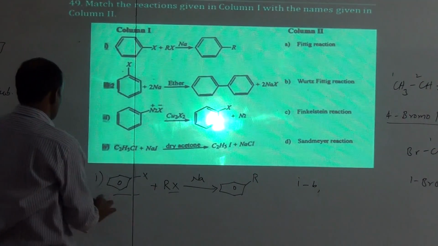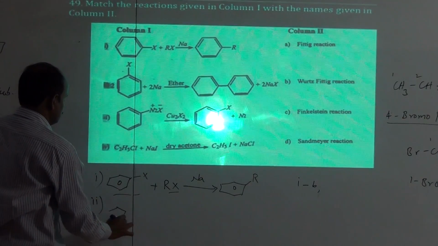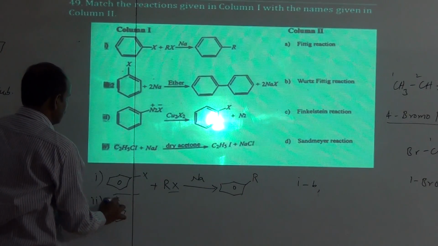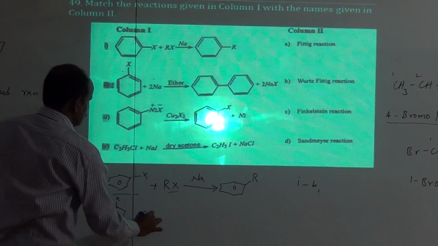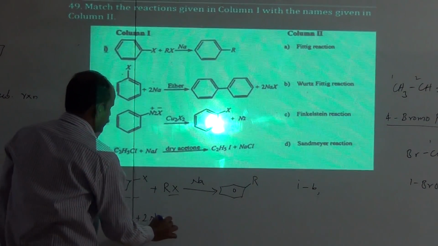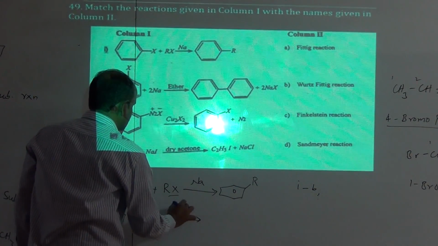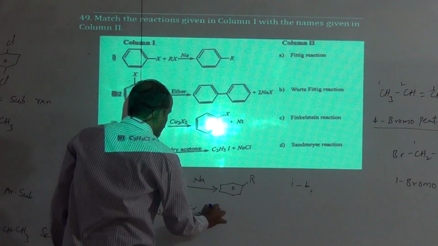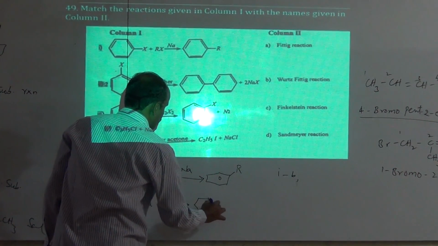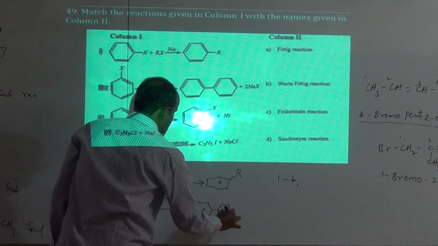Second one. What is the second equation? Here aryl halide is given, it reacts with sodium in the presence of ether, then we get biphenyl. What is the name of this reaction?